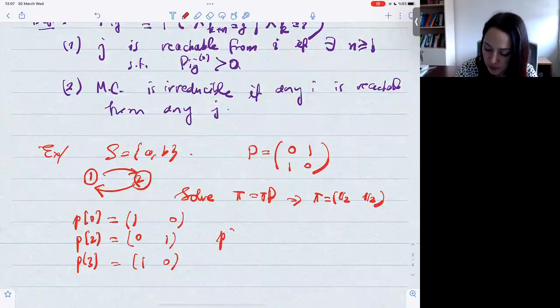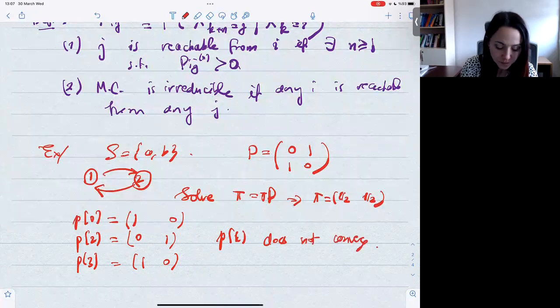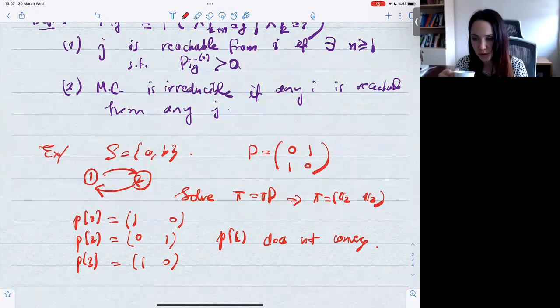So what happens? The p_k vector does not converge. Okay, what is this case? What's going on here?